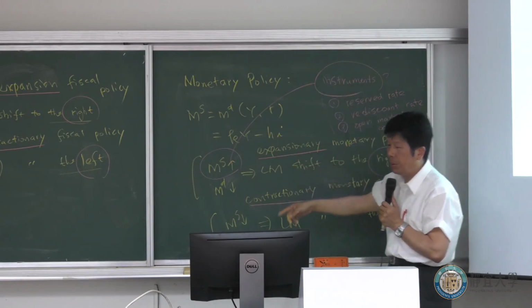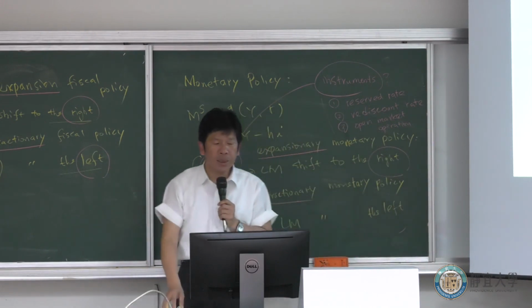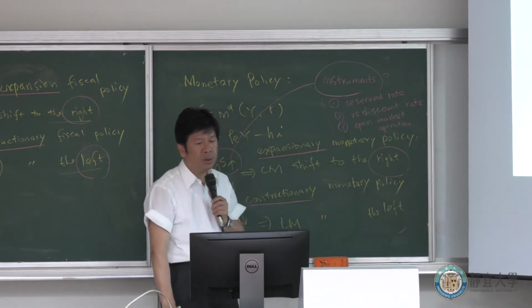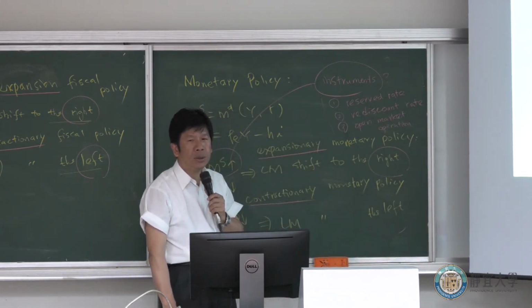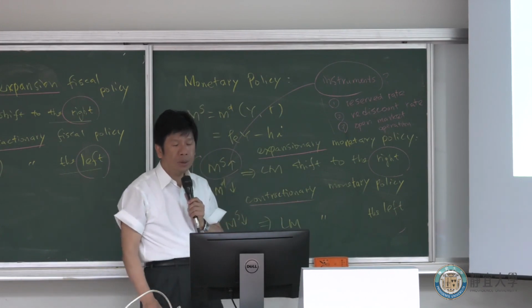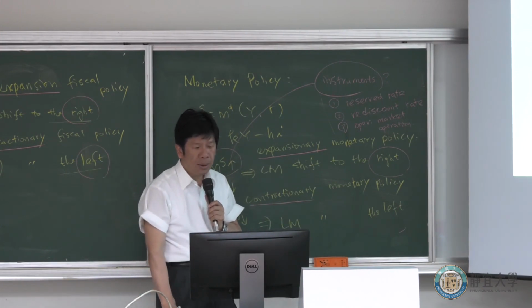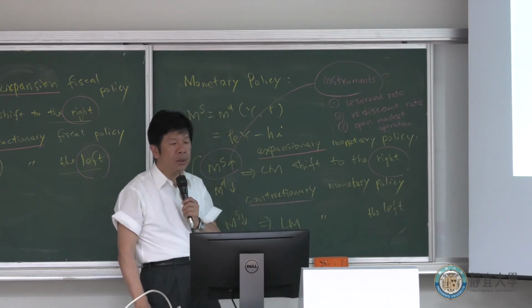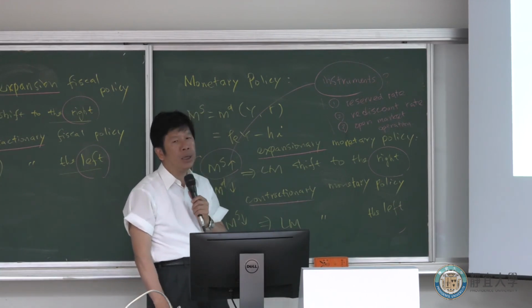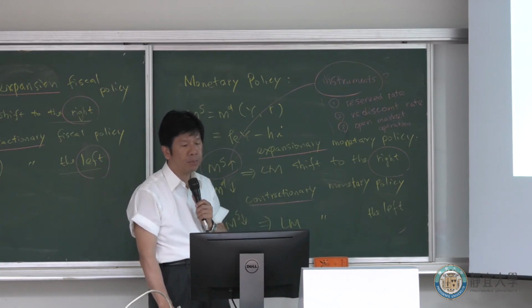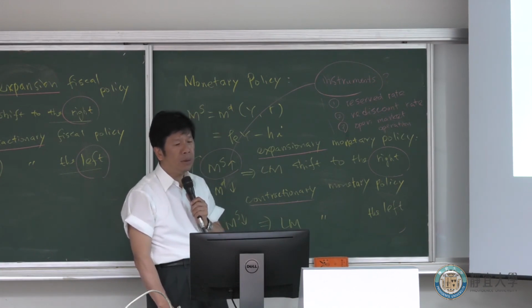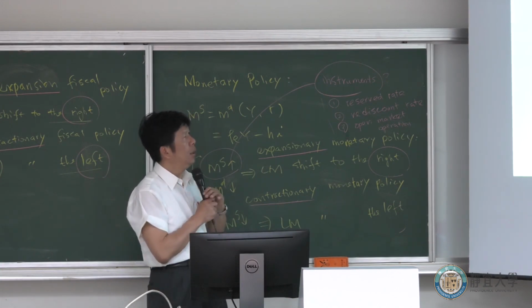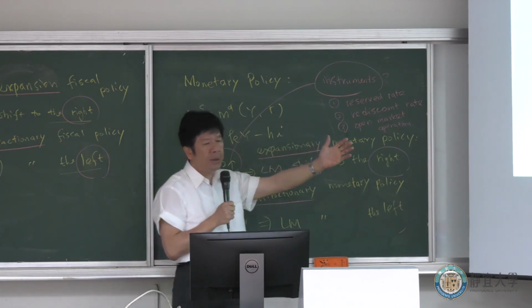Okay, so maybe we can see this result. Can you understand? I hope you already read the PPT or the textbook before. So here you can see the Federal Reserve.